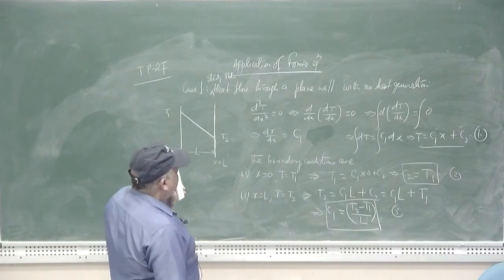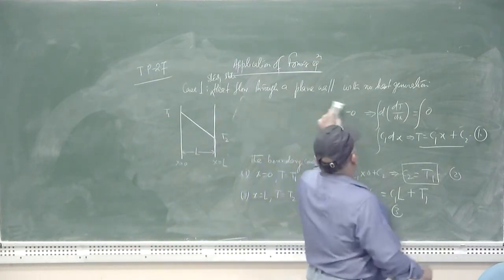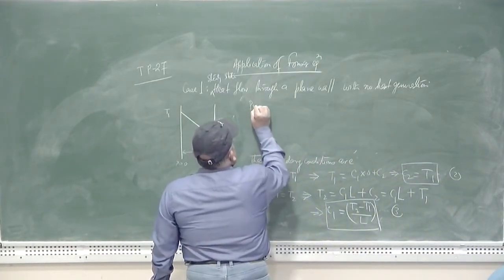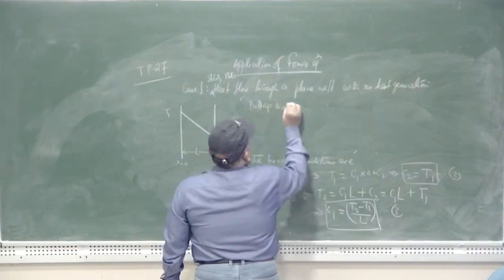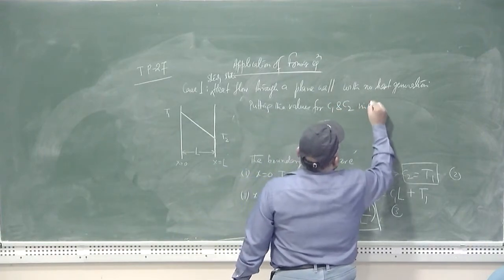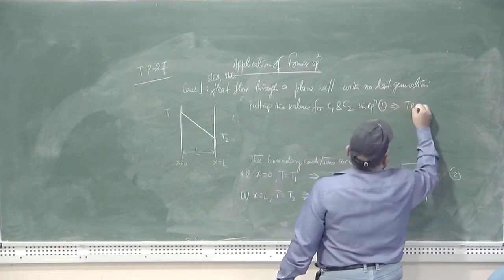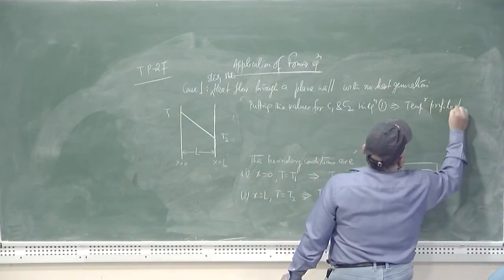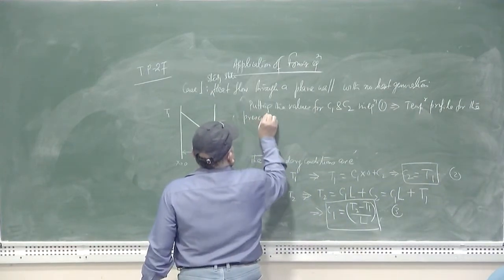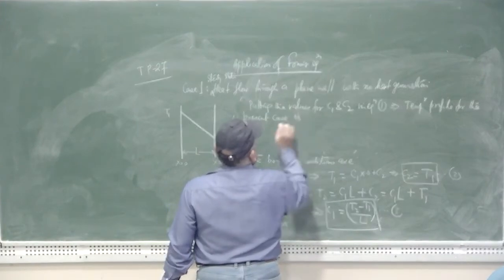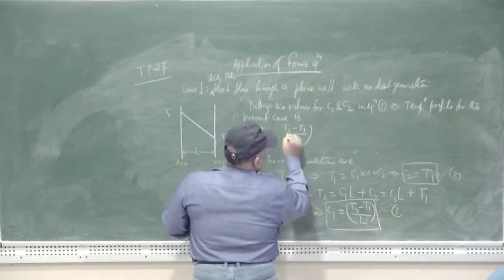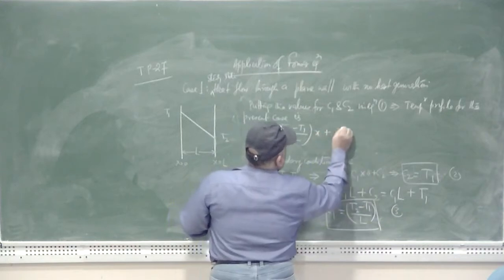So the equation for the temperature profile, putting the values for C1 and C2 in equation number 1, the temperature profile for the present case is T is equal to C1 x plus C2, that is T is equal to T2 minus T1 divided by L into x plus C2, that is the T1.